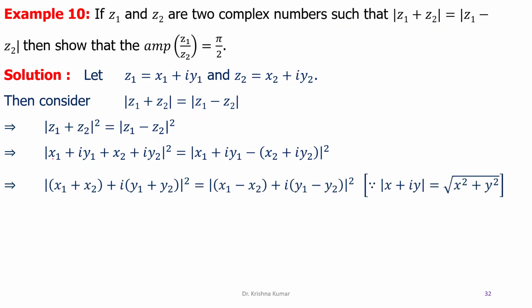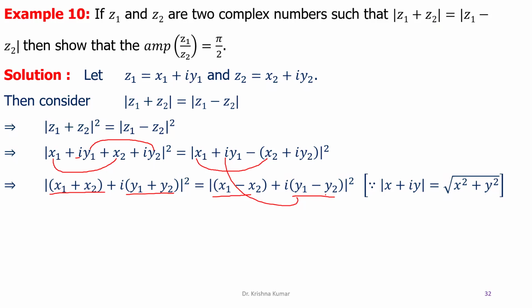Now let us write down the real part with real part. So x1 plus x2, and we can take i common from these two terms, y1 plus y2 in another bracket, whole modulus square, which is equal to x1 minus x2 plus i times y1 minus y2, modulus whole square.